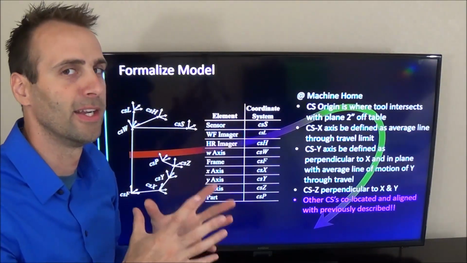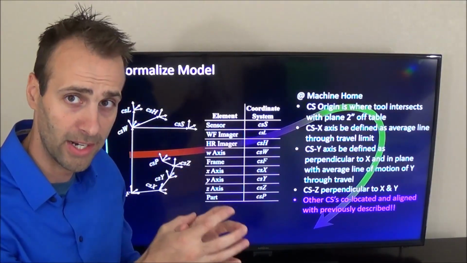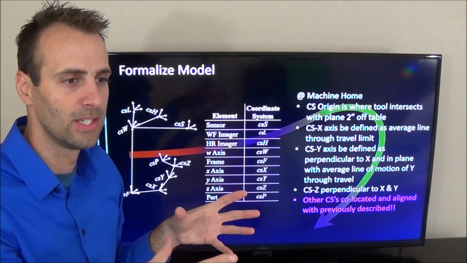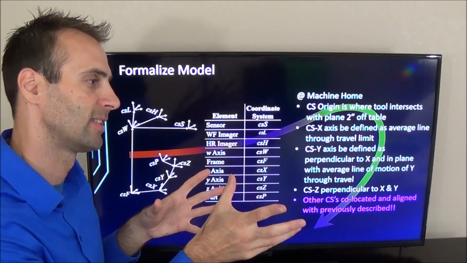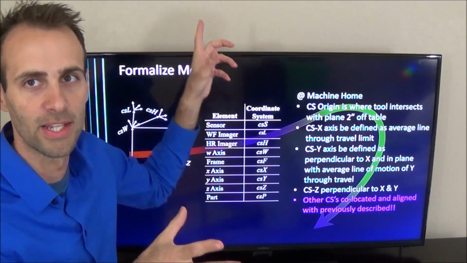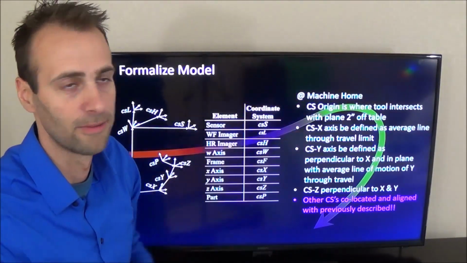It doesn't matter. These coordinate systems don't even have to be physically on the machine element themselves. They just have to track with it. If I move the X, then my X axis needs to move along with that. It doesn't matter that it's on it, it just needs to be constrained together.